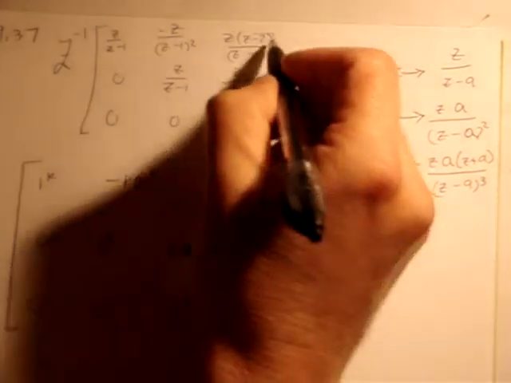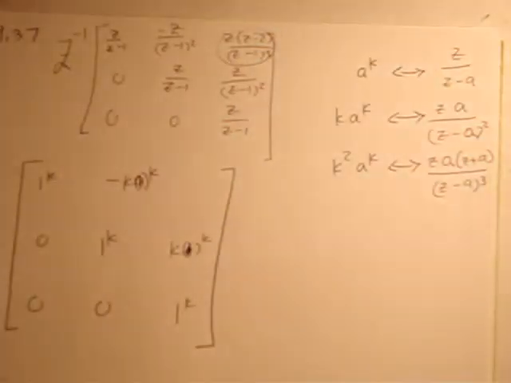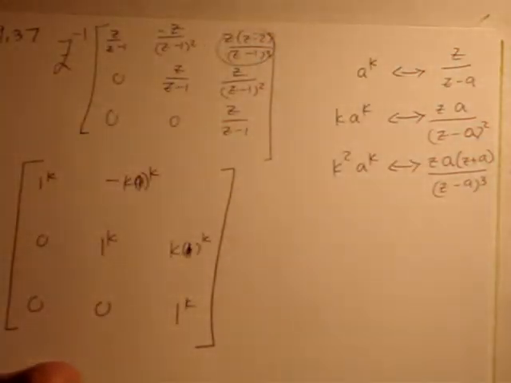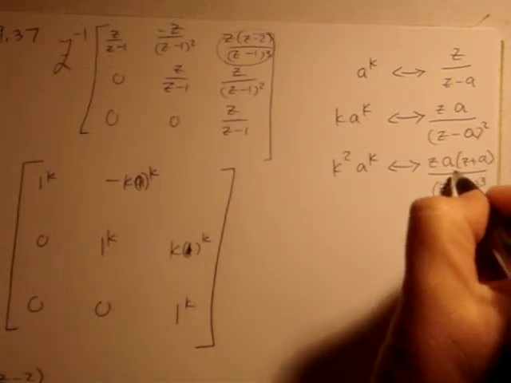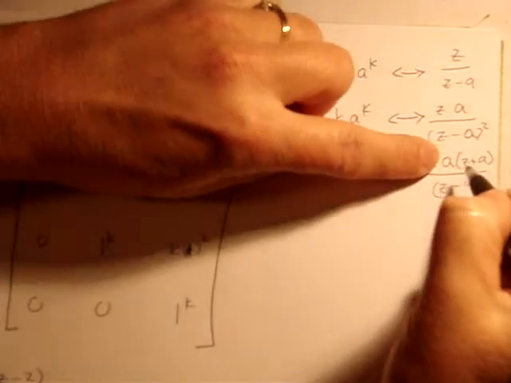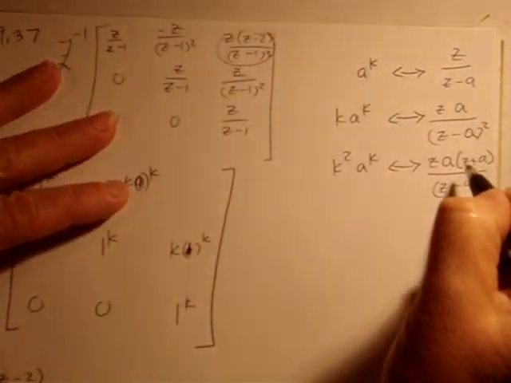Now the tricky one is this term here. Our 1,3 term is something like Z times Z minus 2 over Z minus 1 cubed. In our transform pair, we have this Z factor that we kind of take out when we're doing expansions.